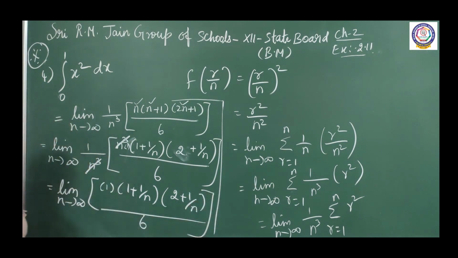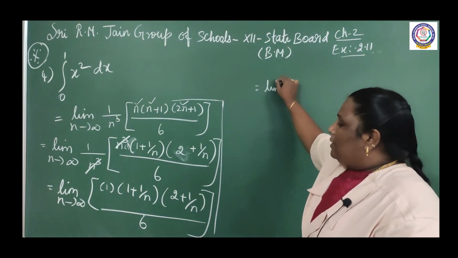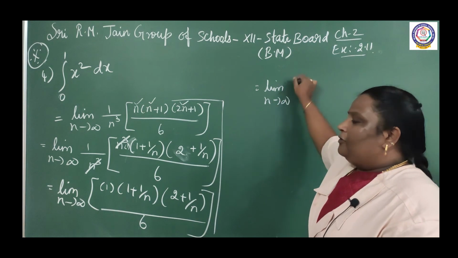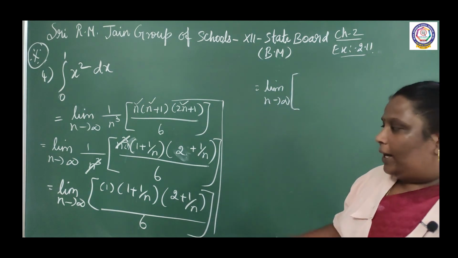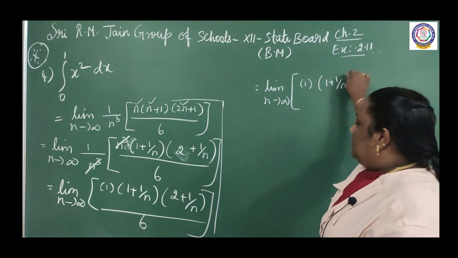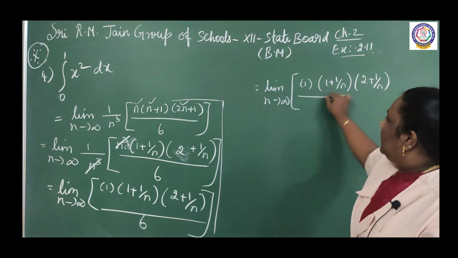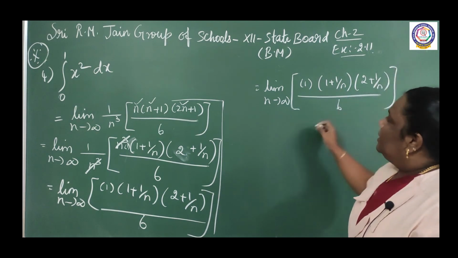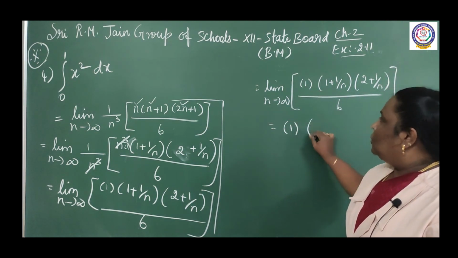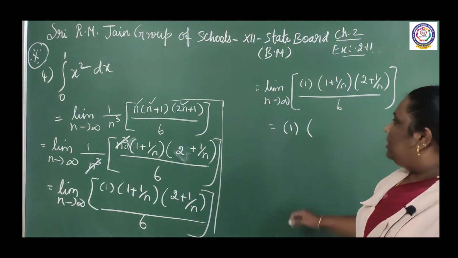Limit n tends to infinity, 1 by infinity equal to 0.